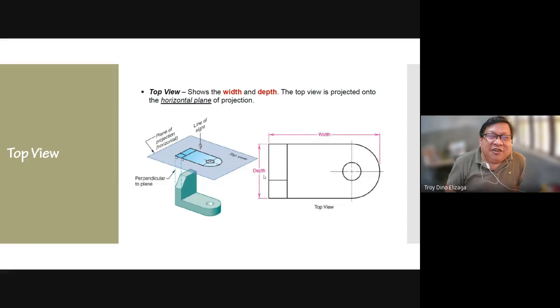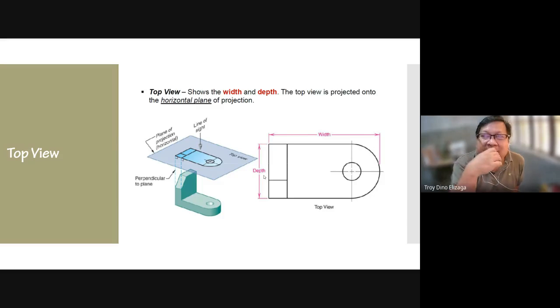Okay, so there's also the top view, and the difference between the front view and the top view is the top view is always seen from the top, from above. Okay, it is always horizontal. So if you're a bird looking down, all you see are the top view.